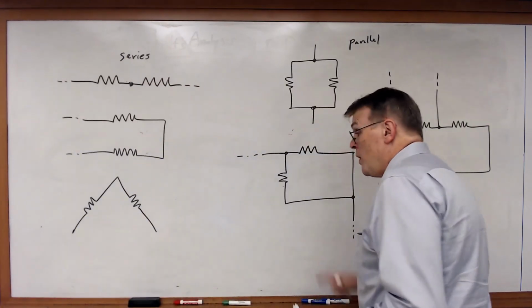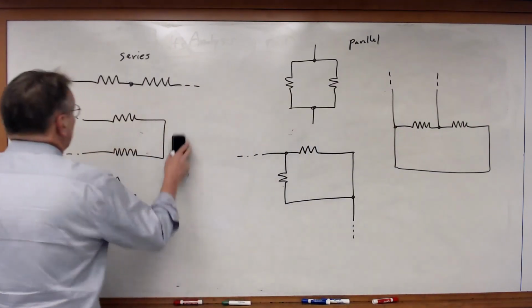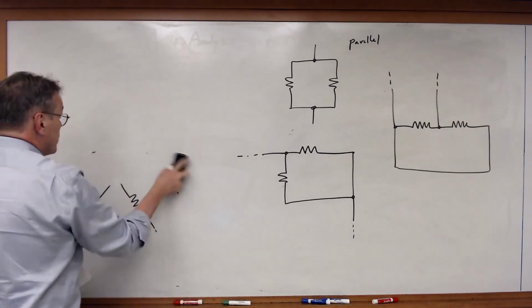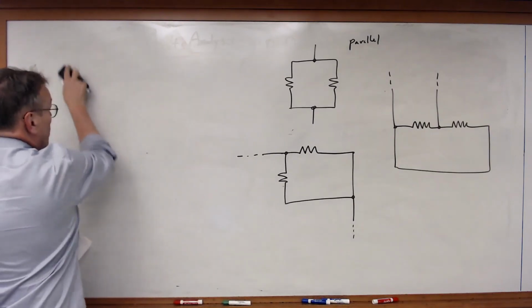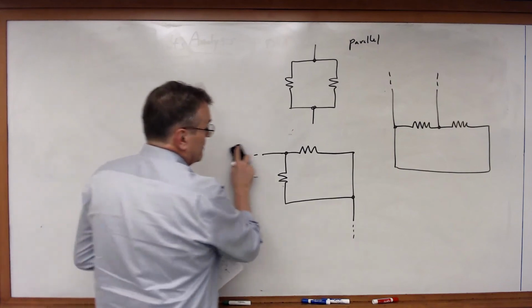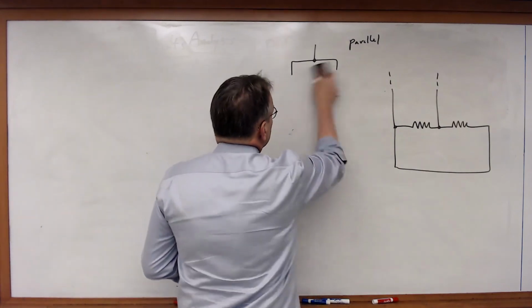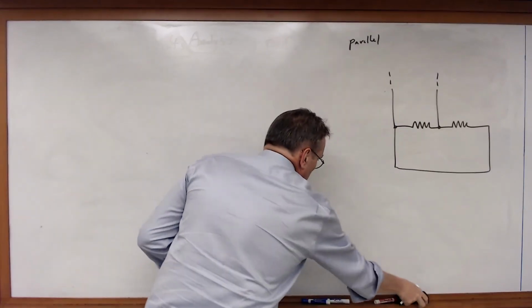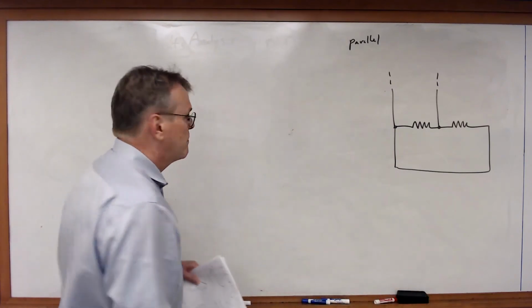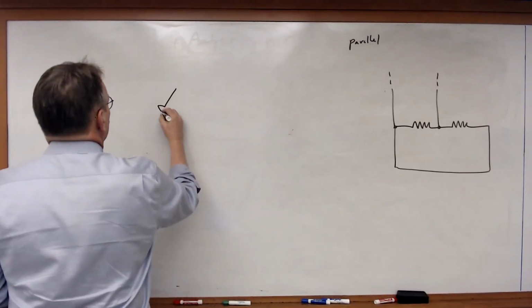Now, before I go, I should mention that sometimes you have circuits that don't really fall into either category. Don't make the mistake of thinking series and parallel is an either-or thing. What about a circuit like this?